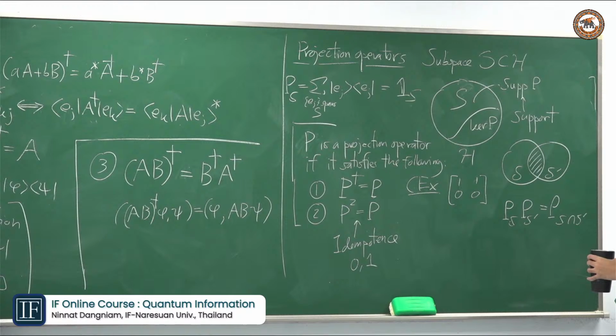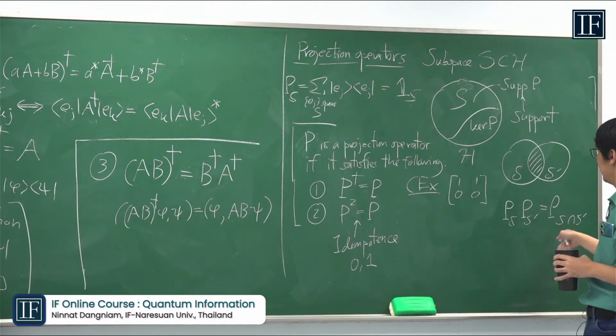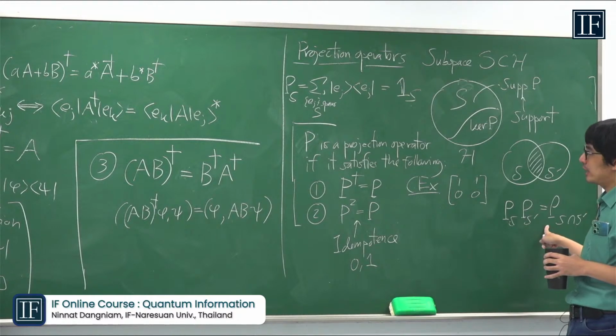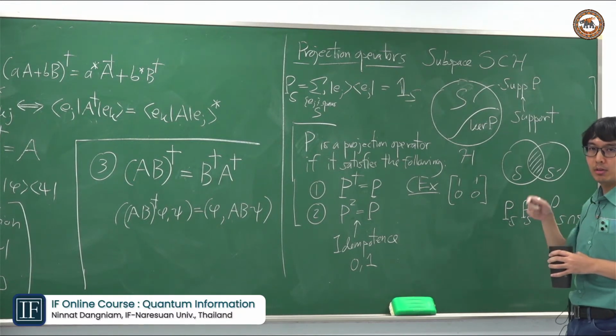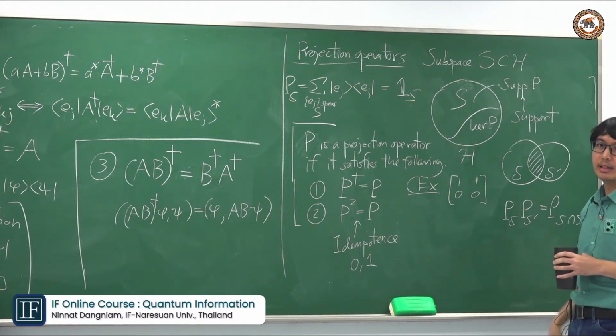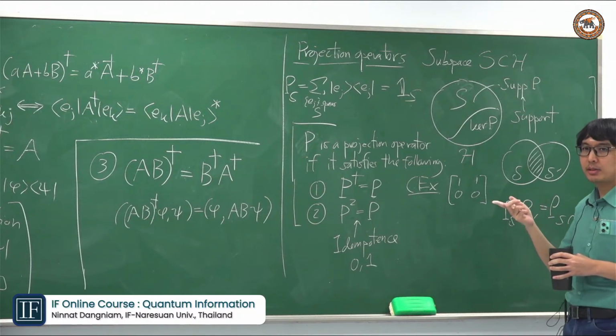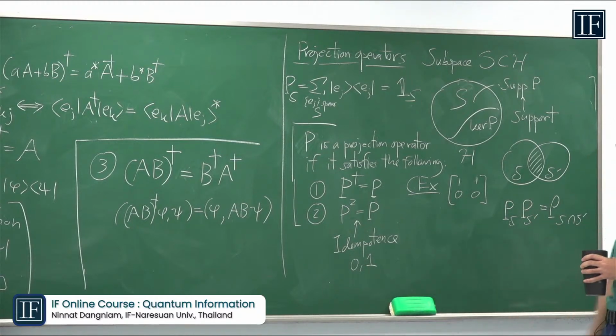Right, and if you recall one of the first lectures, you will see that this is consistent with when we think of the logical operations AND and OR as projection operators.